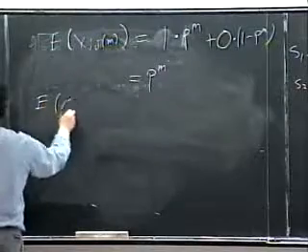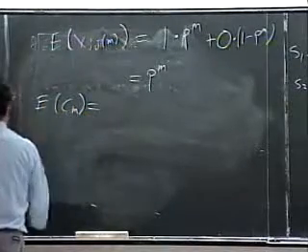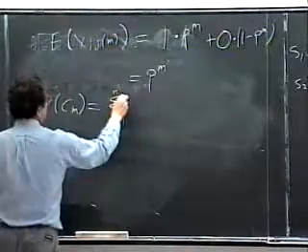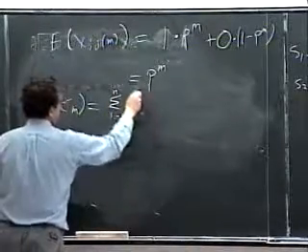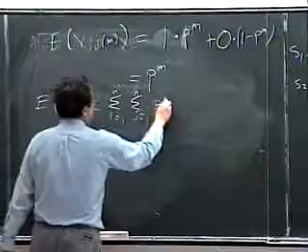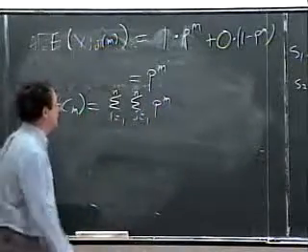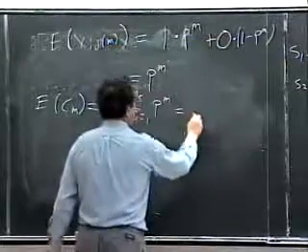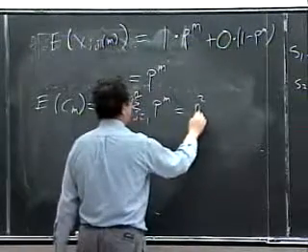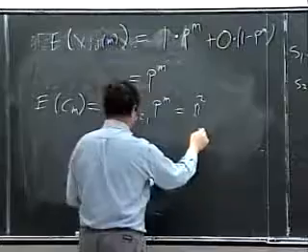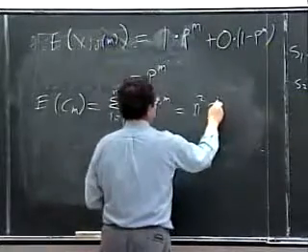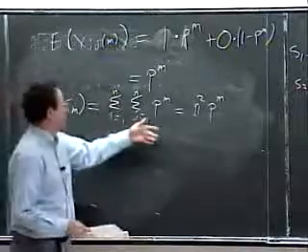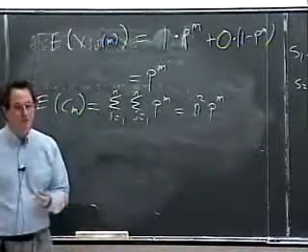All right. So the expected value of Cm is equal to this double sum, i equals 1 through n, j equals 1 through n, of p to the m, which is n squared p to the m. I did a little bit of cheating here.